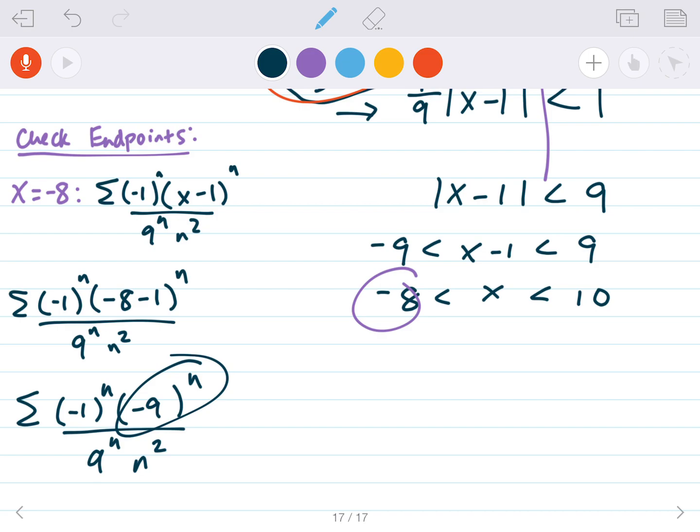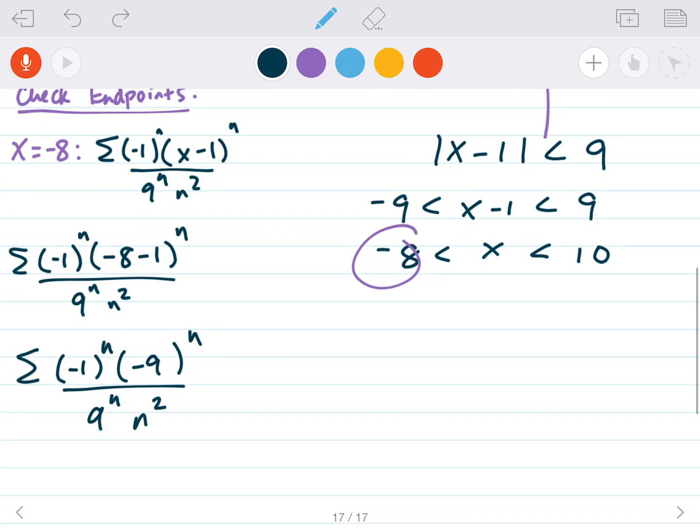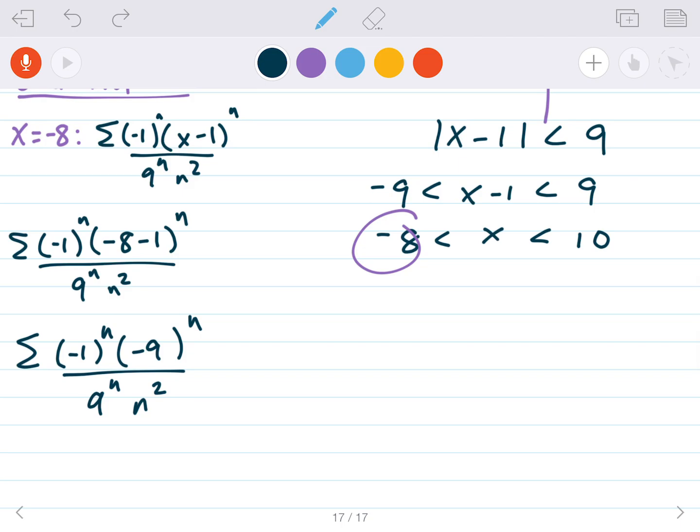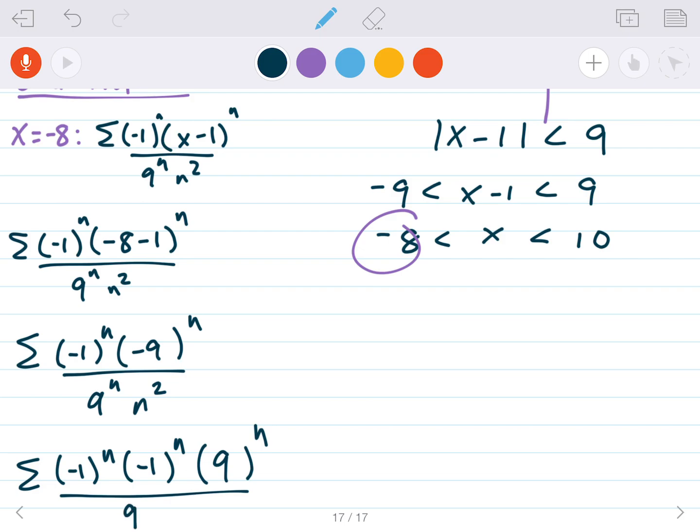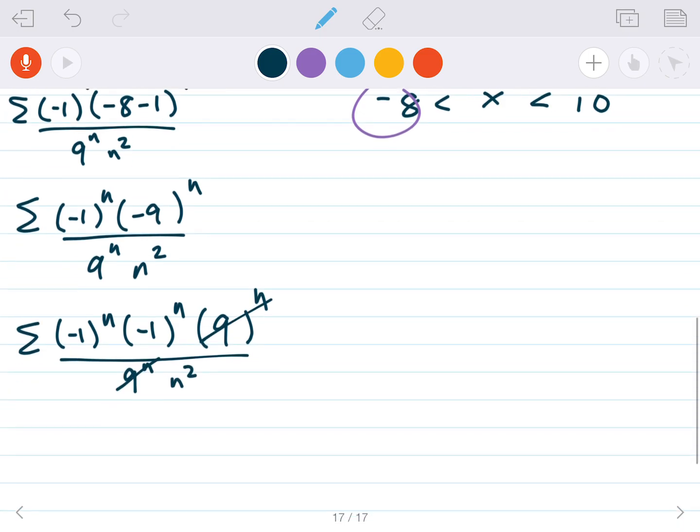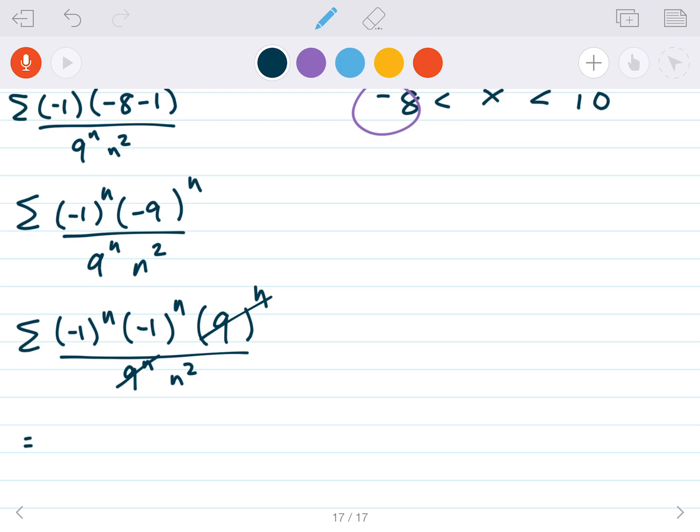So I can write this as pulling a negative 1 to the n out to indicate that oscillation. So this is negative 1 to the n, negative 1 to the n, 9 to the n, over 9 to the n squared. These guys cancel. And this becomes negative 1 to the 2n, right? That's our exponent laws.